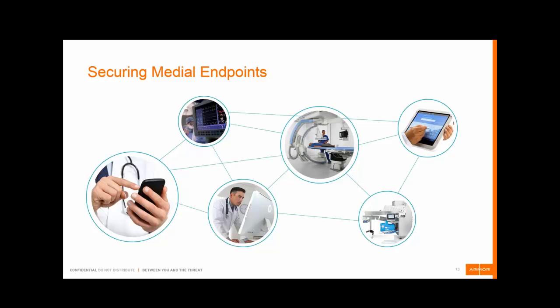All of these things make it easier for healthcare organizations to provide their services, but most of those devices were never built with any sort of security in mind. It was an afterthought, if at all.